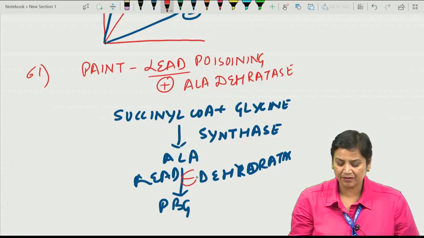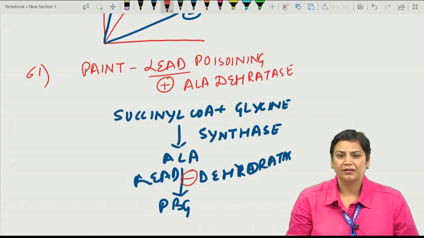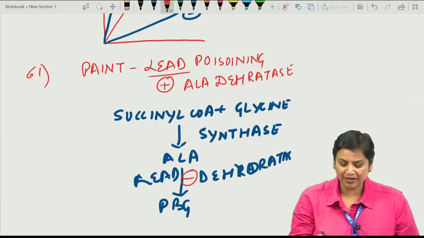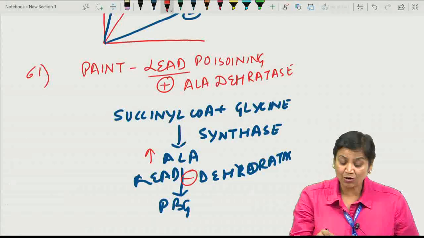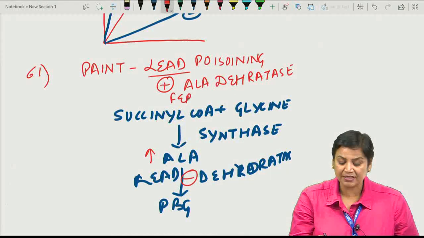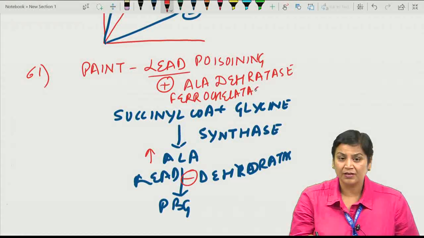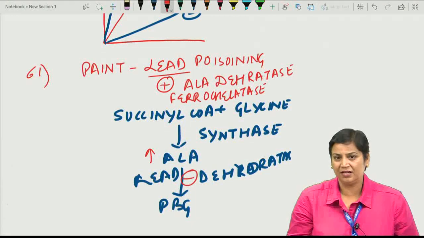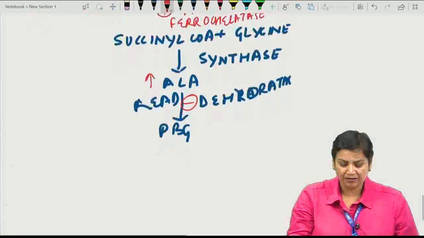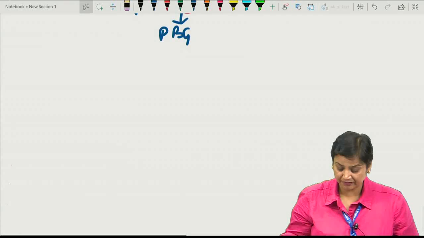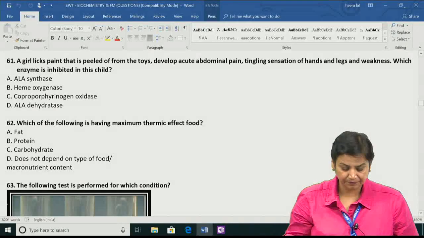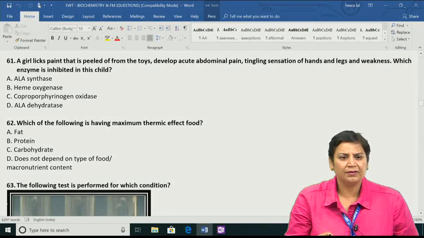So obviously there will be increased synthesis of ALA, and increased ALA will be there in urine. And this lead also inhibits the ferrochelatase enzyme. Ferrochelatase is the last enzyme synthesizing heme. So here the answer will be ALA dehydratase, D option.